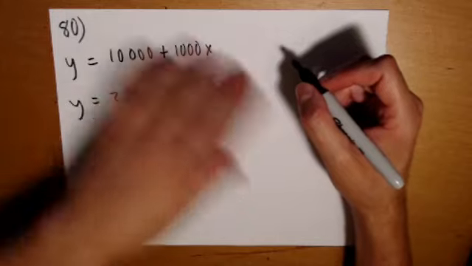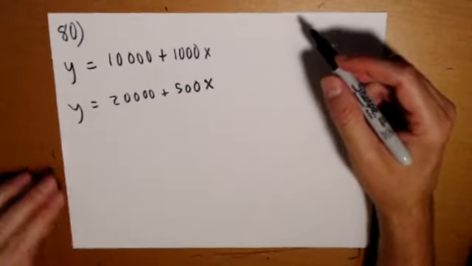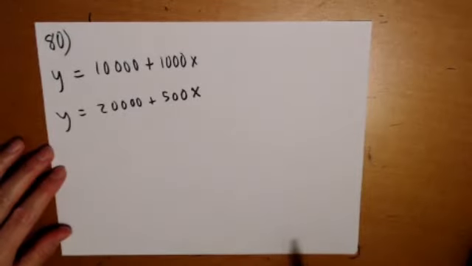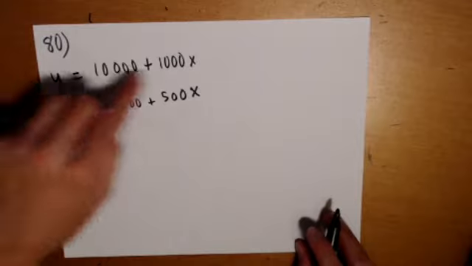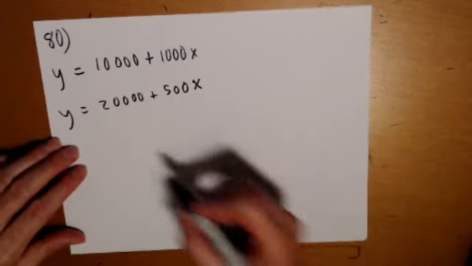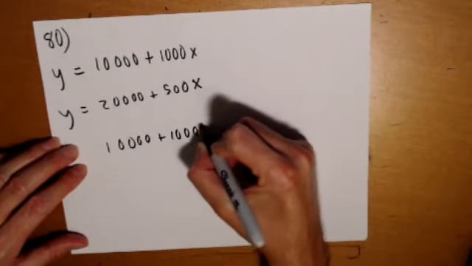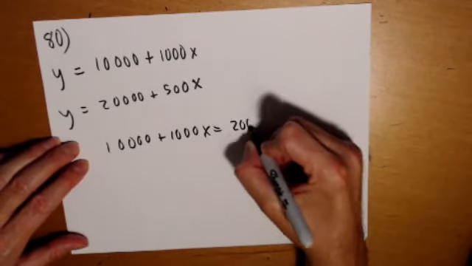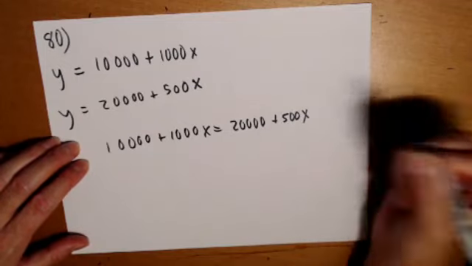So you see how I struggled to set things up, but I looked at an example previously in the setup for 4.2, and it's all making sense. And so if y is equal to this and y is equal to this, then they'd be equal to each other. So we can just set 10,000 plus 1,000x equal to 20,000 plus 500x.